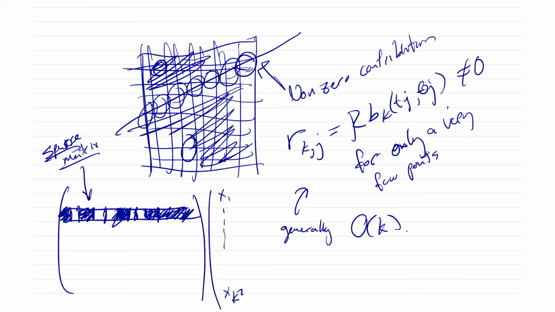And even if it isn't, you find ways to try to sparsify it by demanding that certain parts are 0 versus others, and so forth. In this case, though, it naturally happens because we're taking a look at a single X-ray beam each time going through here, and it is only going to cross a finite number of pixels.